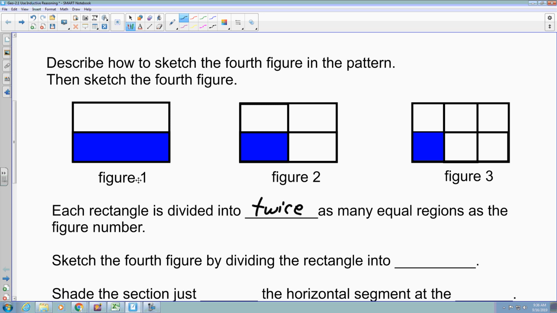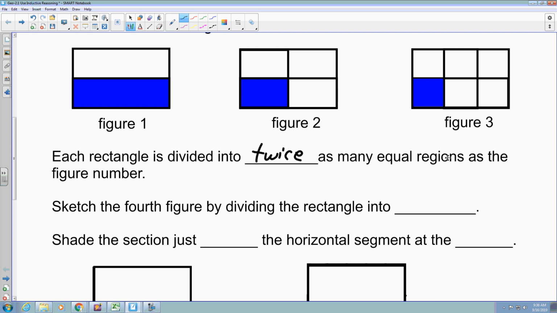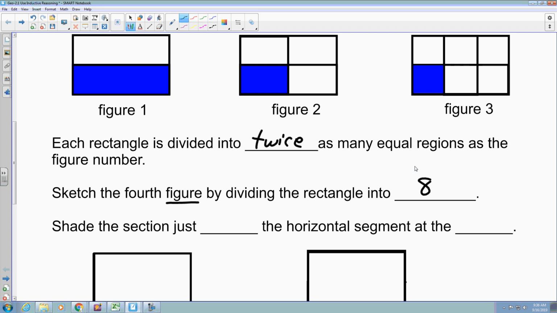So figure 1, you got 2. Figure 2, you have 4. Figure 3, you have 6. All right, so it says the fourth figure by dividing the rectangle into, it will be 8 because you have figure 4. 4 times 2 is 8. So that's the conjecture from observations.